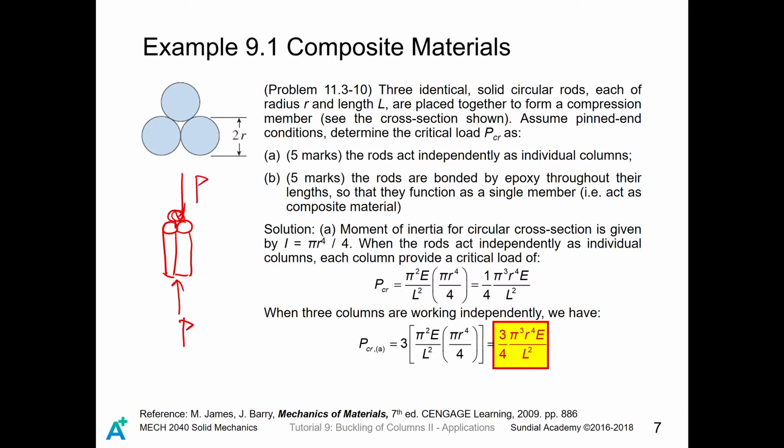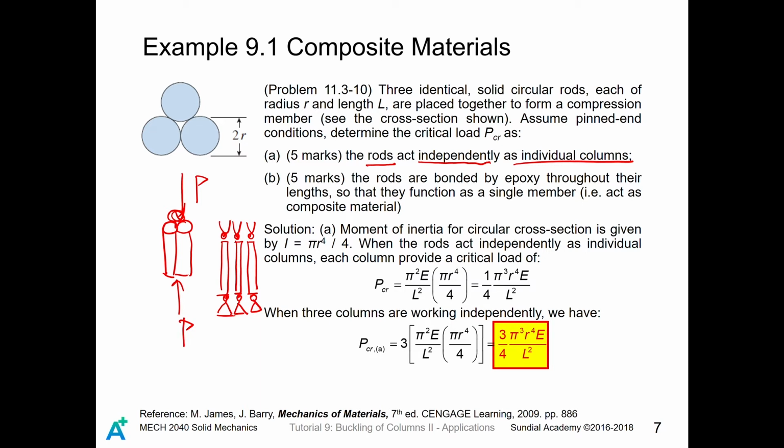Assume we are dealing with pin end conditions. We model this column with pin end conditions, and we are going to determine the critical load P critical in 2 cases. One is that we assume those rods act independently as individual columns, that is, 3 simply supported columns.